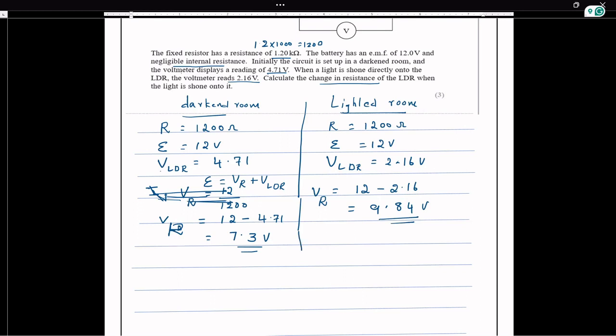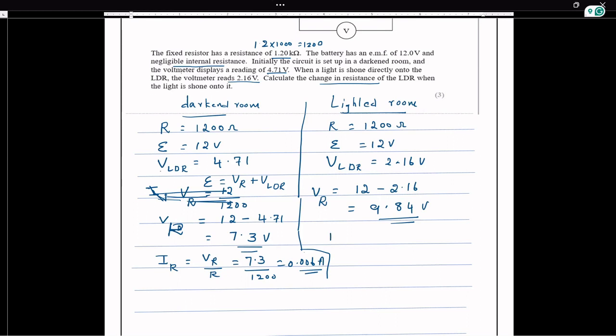Now let us calculate the current flowing through the resistor. That is the voltage of the resistor over its resistance. So it is 7.3 and its resistance is 1200, which will give an answer of 0.006 amps.